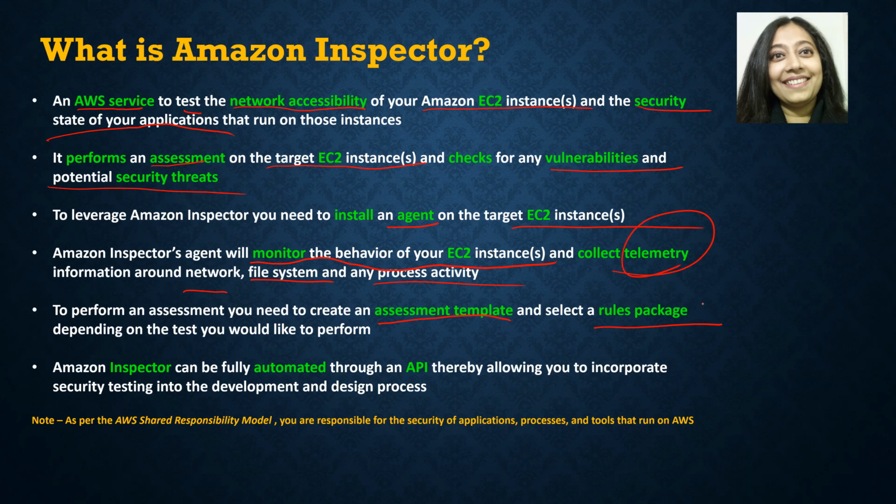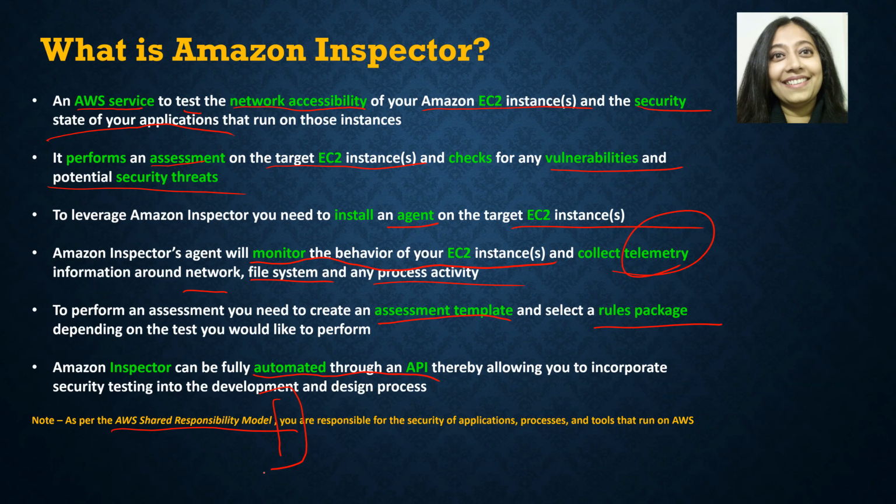Amazon Inspector can be fully automated through APIs, and this allows you to incorporate security testing as part of your overall development and design process. Now, always remember that as part of the AWS shared responsibility model, you are responsible for the security of your applications, processes, and tools that run on AWS.